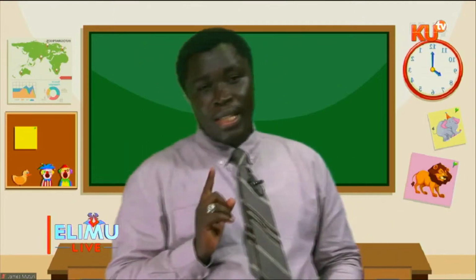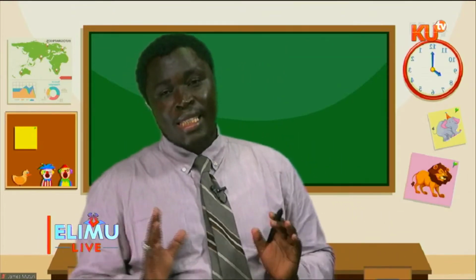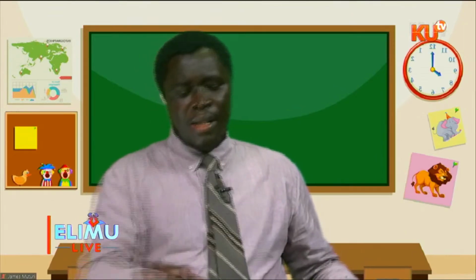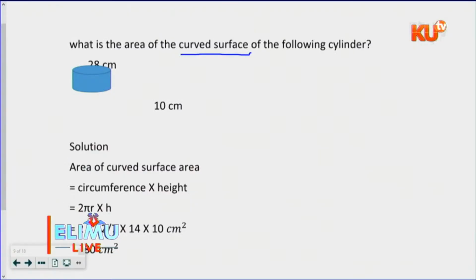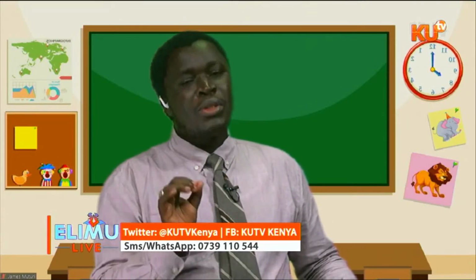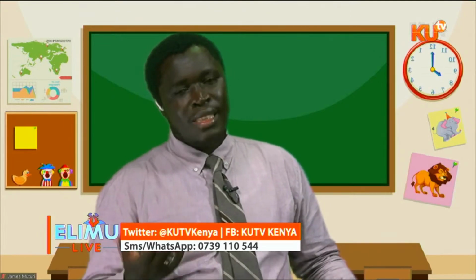Somebody will just rush without underlining the key words and then work out the surface area of the cylinder. But look at the question. Very key: what is the area of the curved surface of the cylinder? Curved surface, not what is the surface area of the cylinder.